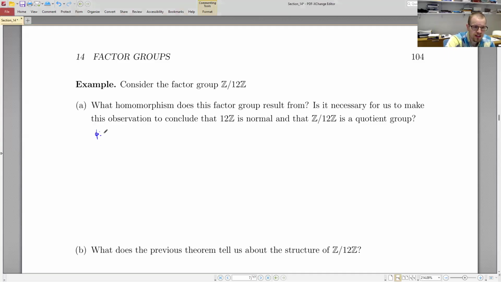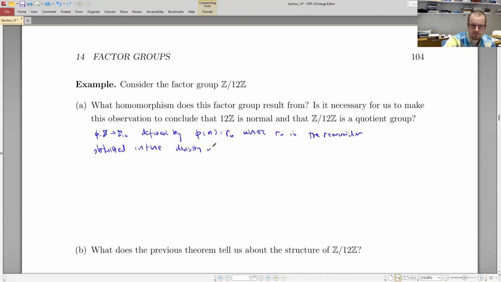So let's define phi, a mapping from Z to Z12, defined by phi of n is equal to R sub n, where R sub n is the remainder obtained in the division algorithm when n is divided by 12.